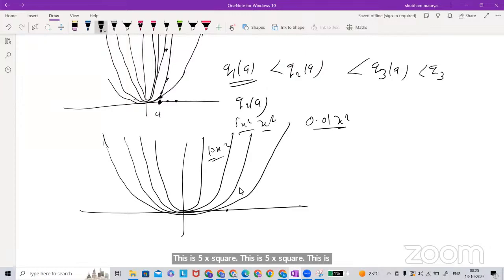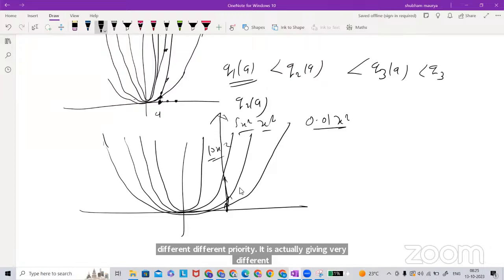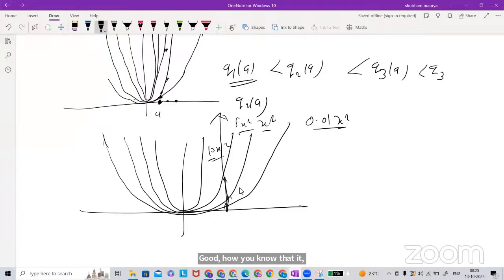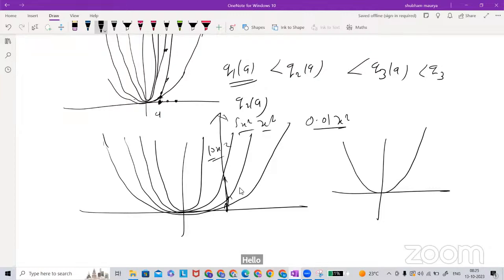In the same way, if you give values for different quadratics, they give very different results. Sir, how do you know that the first graph is 10x square and the second is 5x square? You know the graph of x square, right?